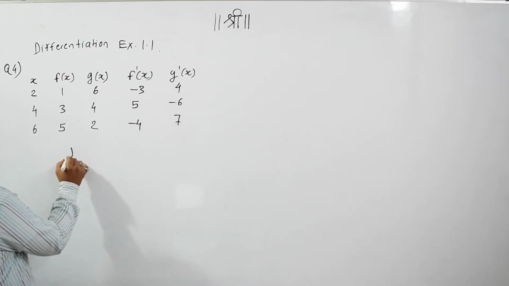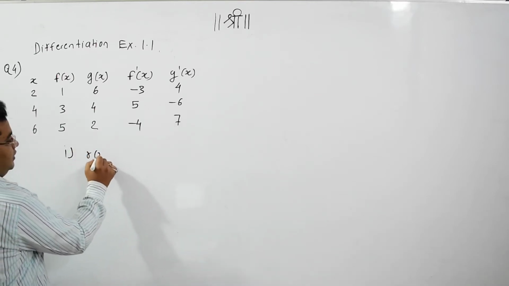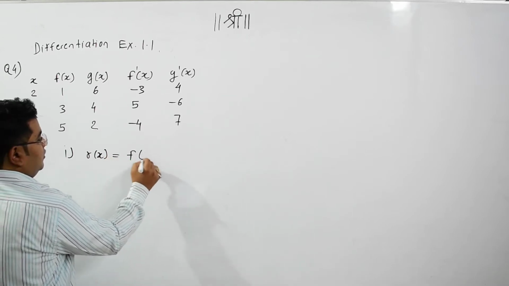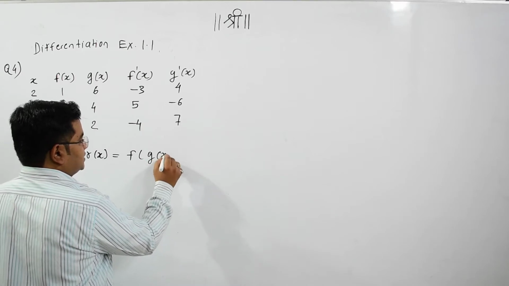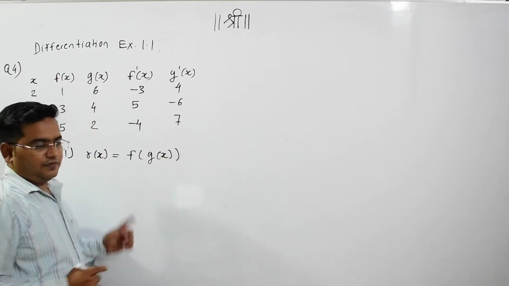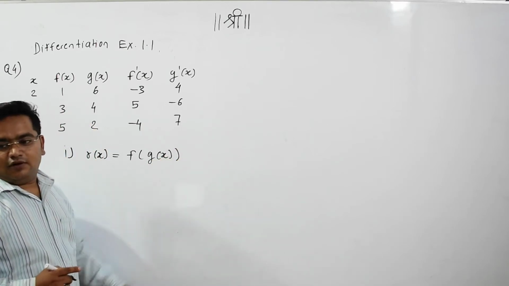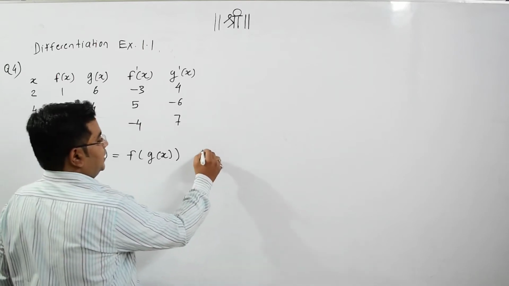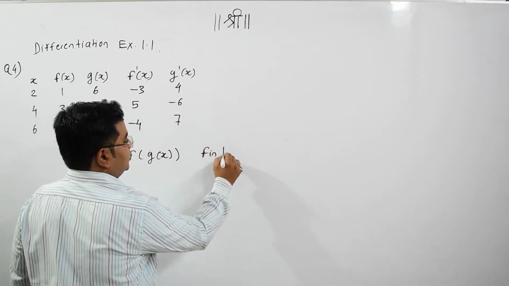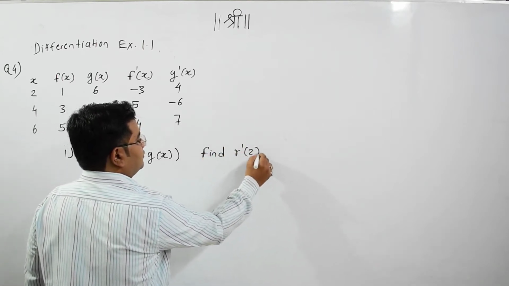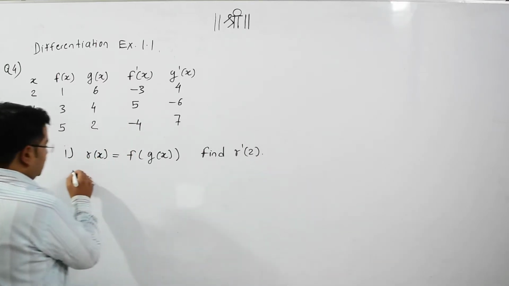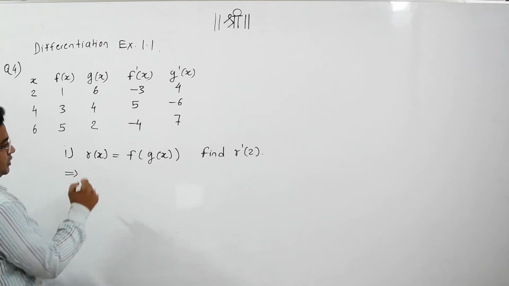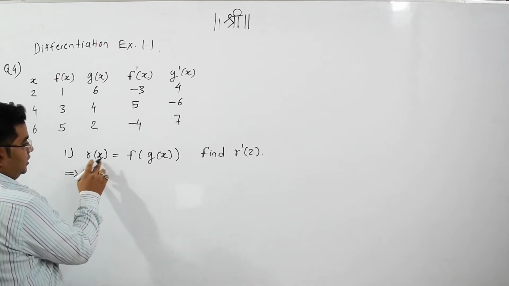Now the first question out of the fourth question: r of x is given as f of g of x, where we need to find r dash of 2. For a minute we need to focus on this given point. What is r of x?